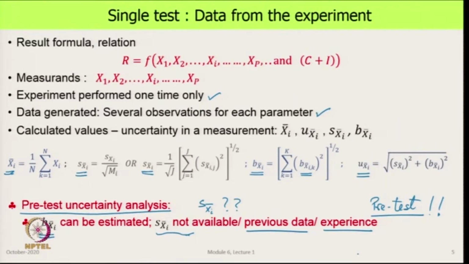Single test is what we have to look at. The random standard uncertainty is not there. This is very much there with us. We can estimate it from previous data or experience and complete our pre-test uncertainty analysis. In post-test uncertainty analysis, everything is there with us, no issues.